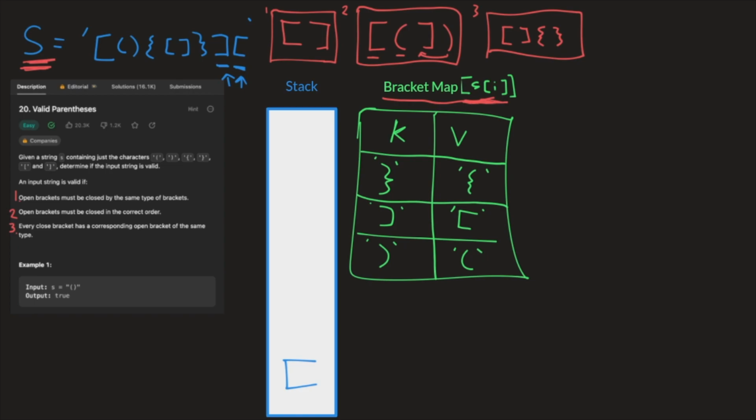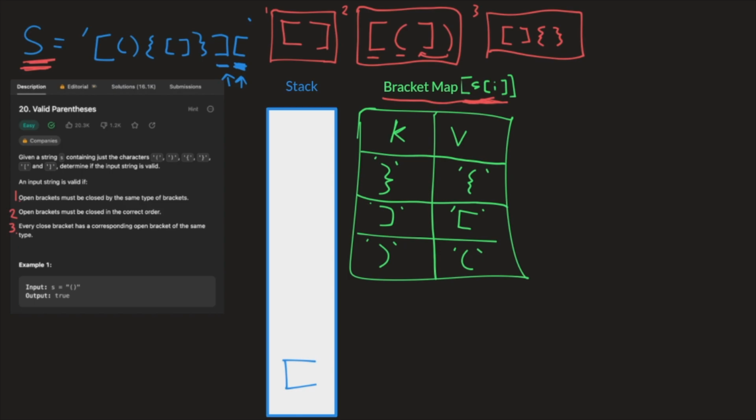And we've finally finished. We're at the end of our string. So if we've made it to this point, we know for sure that every single bracket that has been opened has either been closed by the correct type of bracket or hasn't been closed at all.